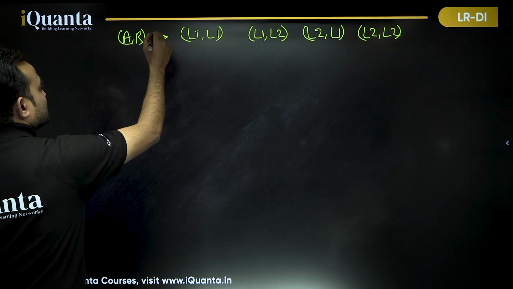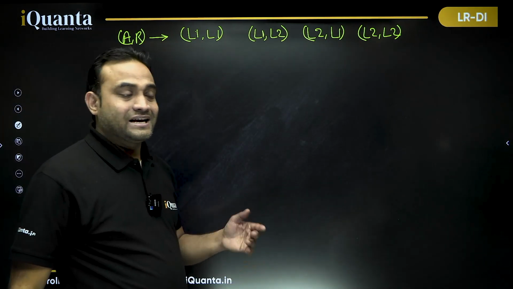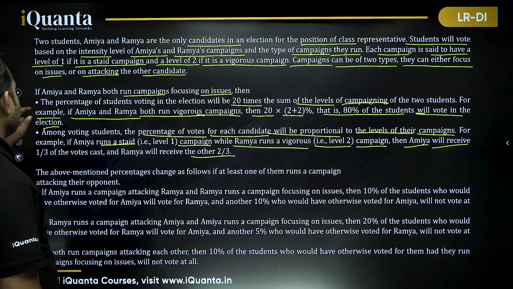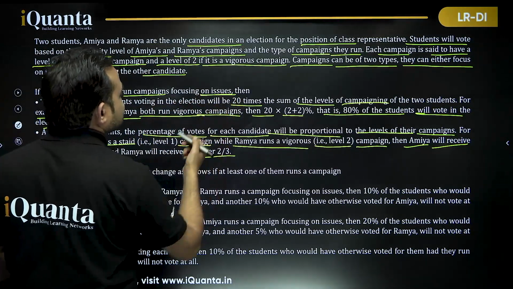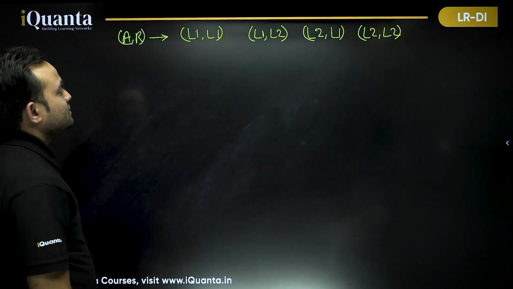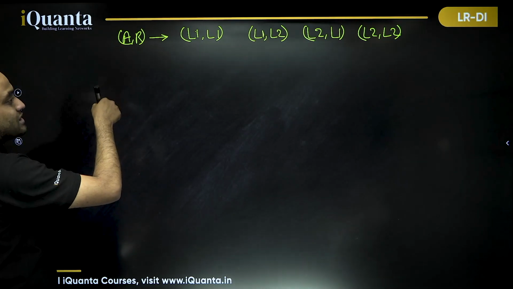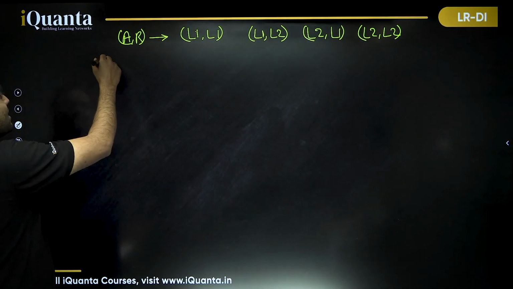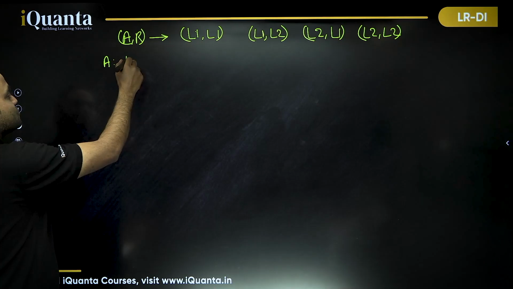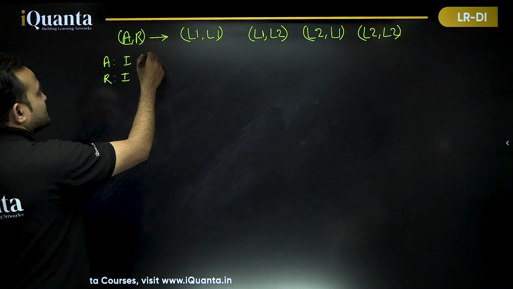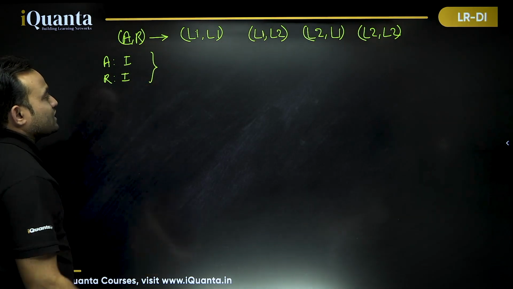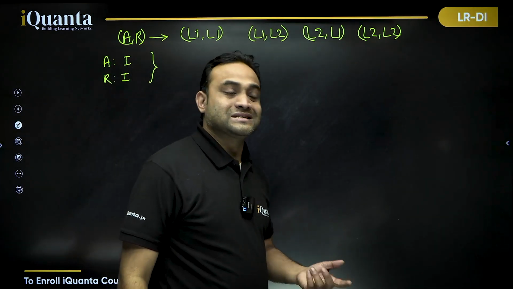Okay. Now it says that if both Amia and Ramya run campaigns focusing on issues, so in that order, Amia and Ramya, let's say Amia on issues, Ramya also on issues, then what will be the percentage share?